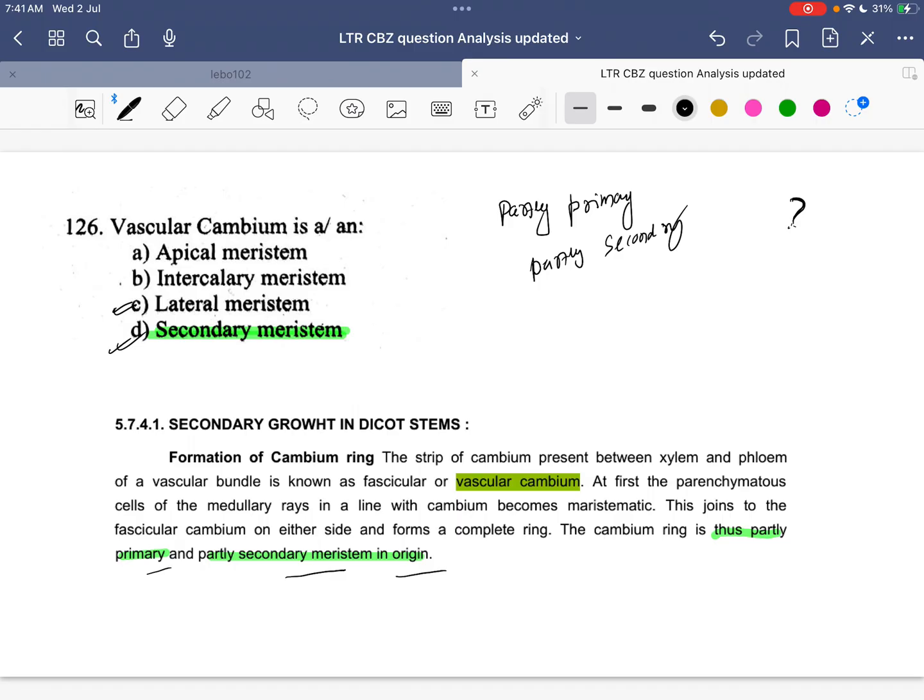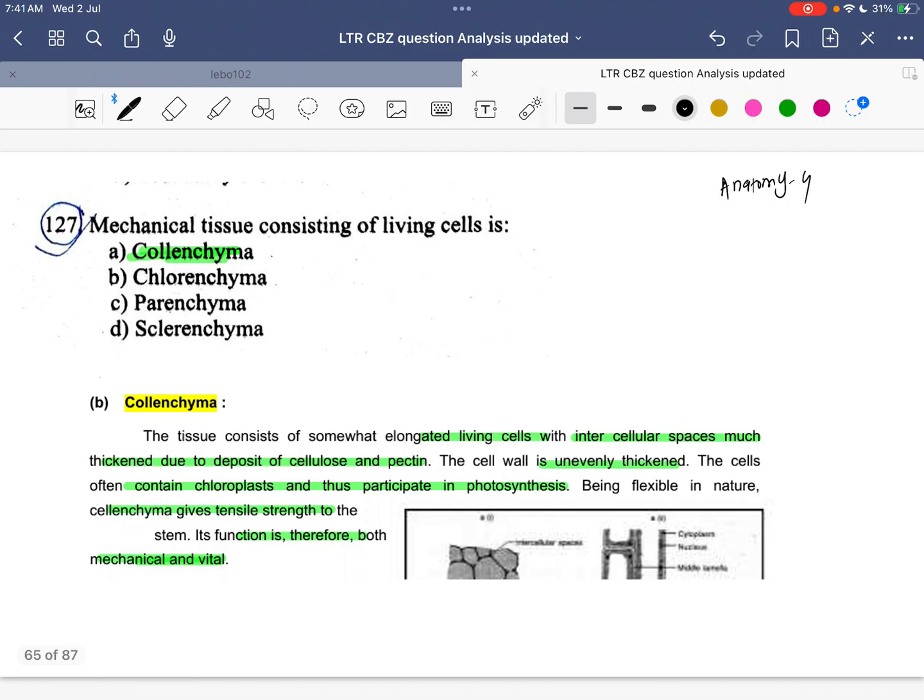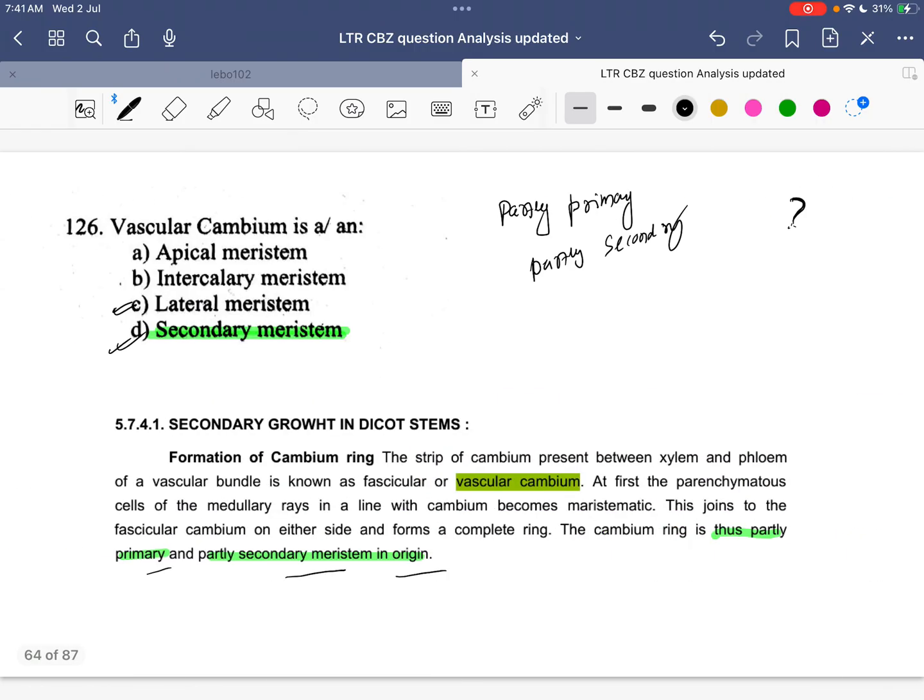If we look at lateral meristem, that is the case of vascular cambium. It is directly mentioned partly primary and partly secondary. But the strip of cambium present between the xylem and phloem of a vascular bundle is fascicular vascular cambium.